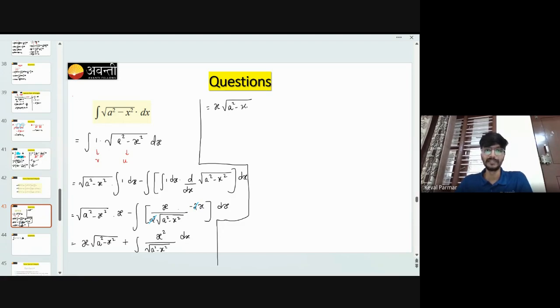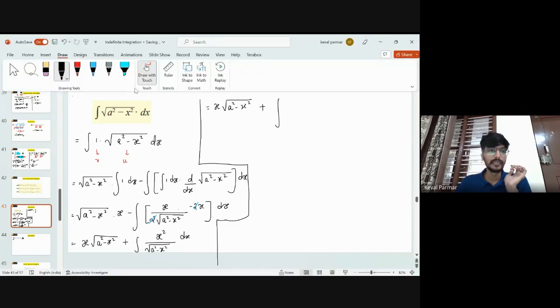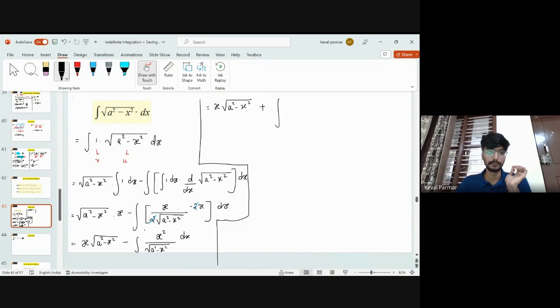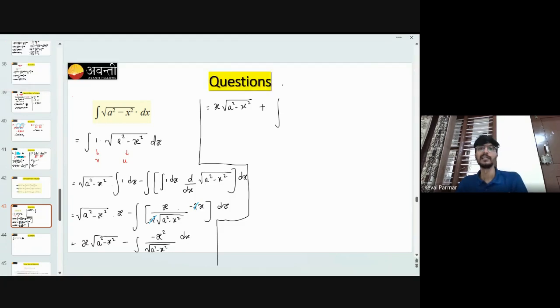So a square minus x square plus integration of, okay, let's keep it as minus of minus x square. It will be better. So I'll add a square and I'll subtract a square upon under root of a square minus x square dx.